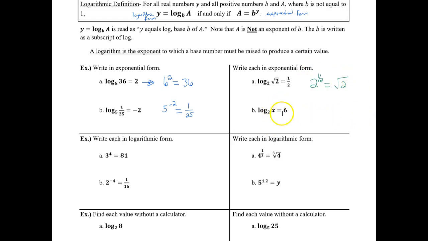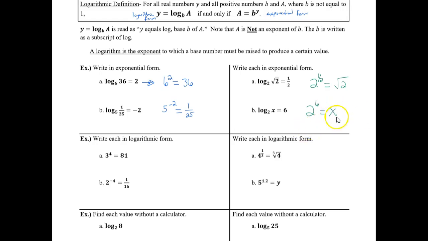Let's look at this last example. Start with the base. Log base 2. So again, the 2 is the base in our exponential form. Logs equal exponents, so this log equals 6. So the exponent is 6, equals the only piece we haven't used, x.